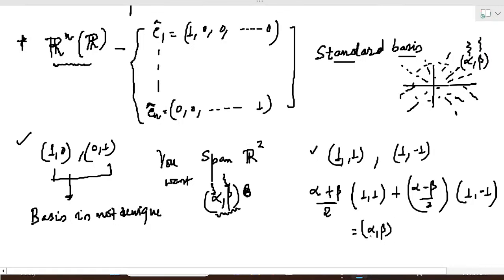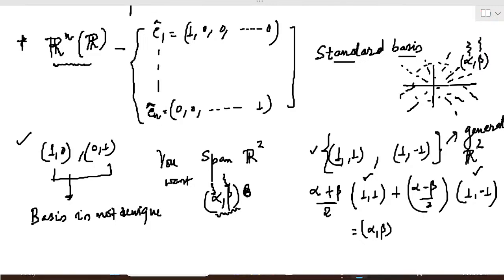So any vector or any point (alpha, beta) can be expressed as a linear combination of (1, 1) and (1, -1). I would say that these two also can generate the entire R square. Is that clear? Please let me know. So this is something that you should keep in mind, that it's not necessary that only the standard basis vectors are going to span the entire space. Even these can.